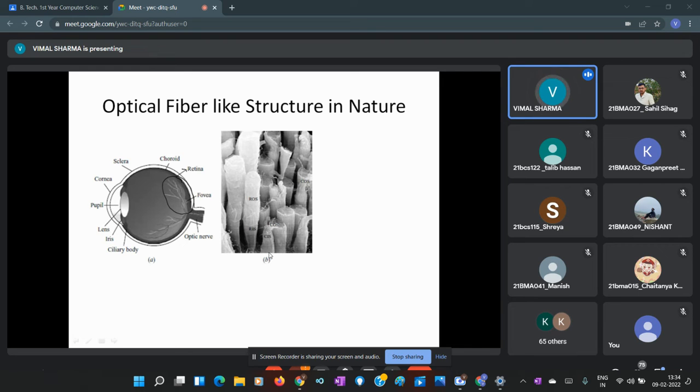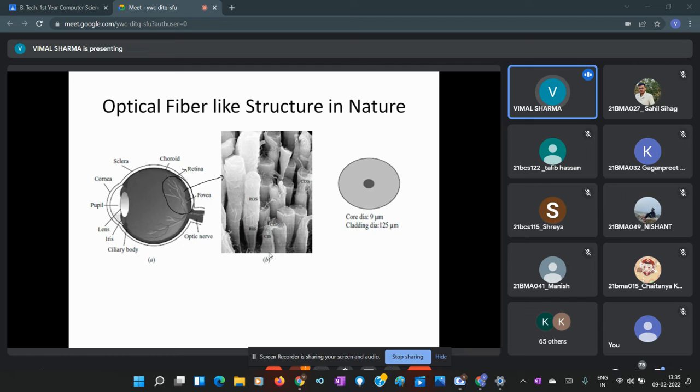And these cones, these rods, the structure of these rods and cones is identical to the structure of optical fiber. Here is a bigger picture of these rods and cones, and it is exactly like optical fiber.